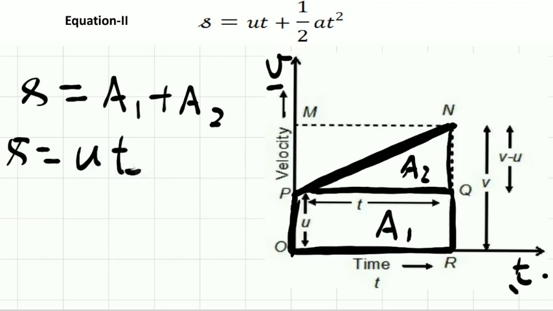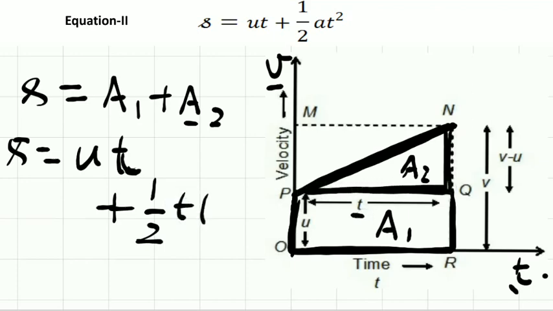Alright, plus A2. The value of A2: watch here, A2 is a triangle. The area of the triangle is half base into height. Half base, base is this t, into height. The height is this.